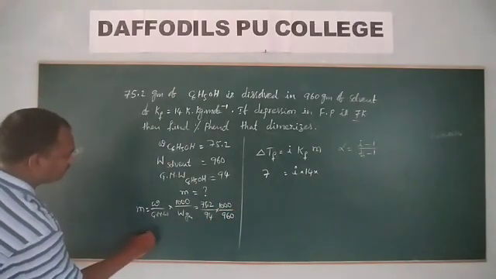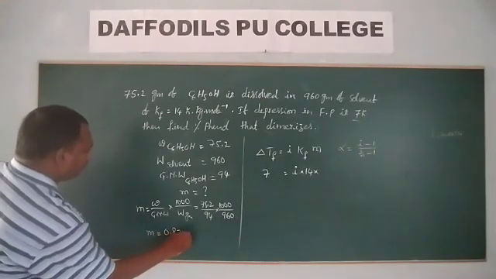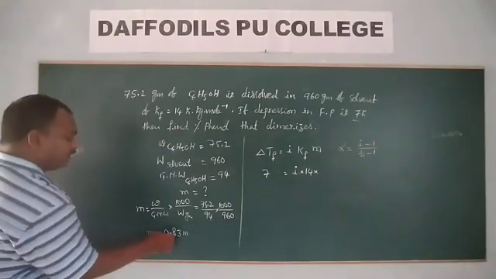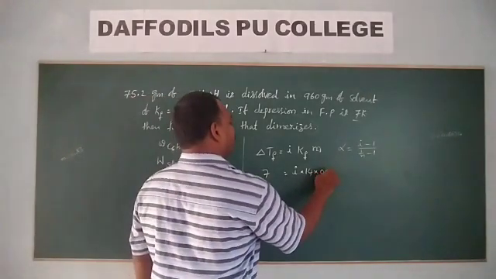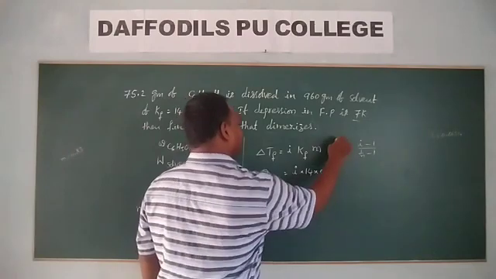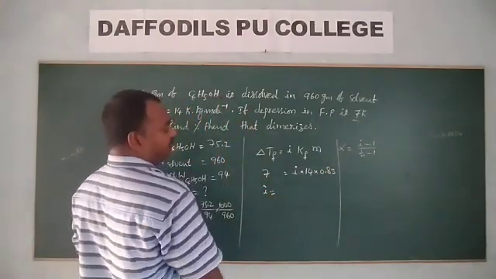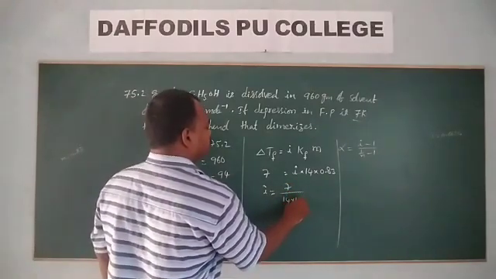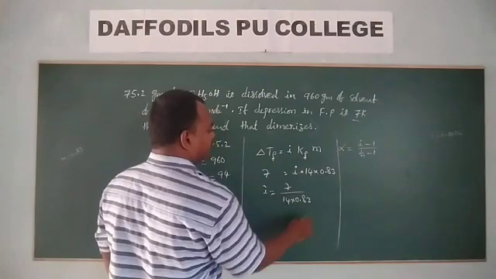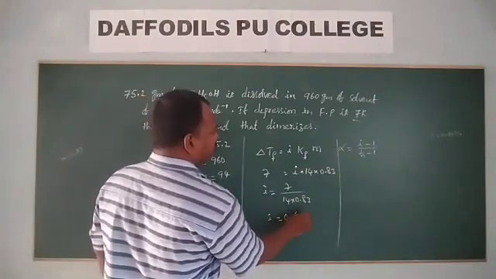So molarity comes as 0.83 m. From there we have to find out the i. i is equal to 7 by 40 into 0.83. So i is equal to 0.602.